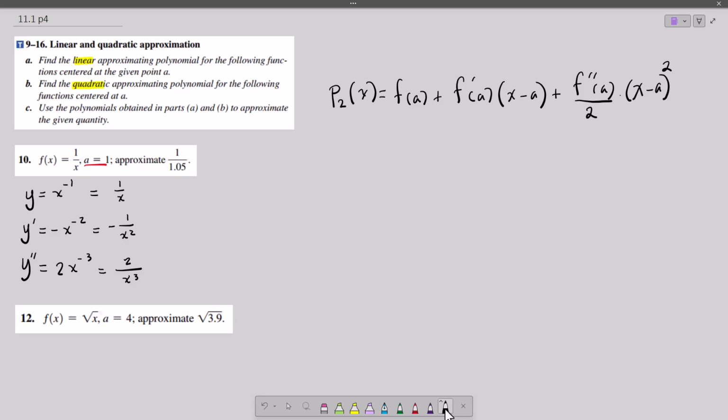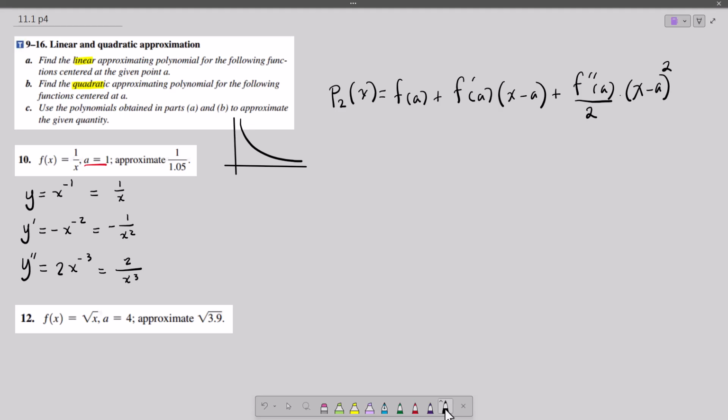So we see that we have to evaluate the function, the derivative, and the second derivative at A. A is the center. They tell us to build this approximation around 1. If you want to visualize this in your mind, we're thinking of this function, 1 over x, which looks like that.